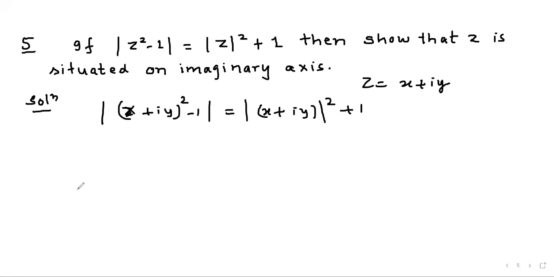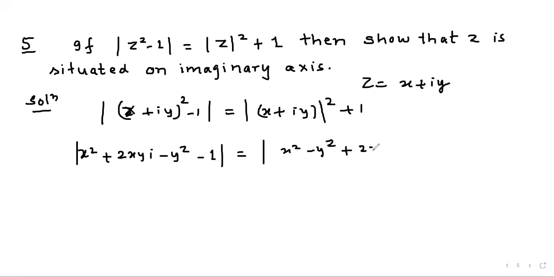We can expand it: modulus of x square plus 2xy iota minus y square minus 1 equals modulus of x square minus y square plus twice of xy iota plus 1.